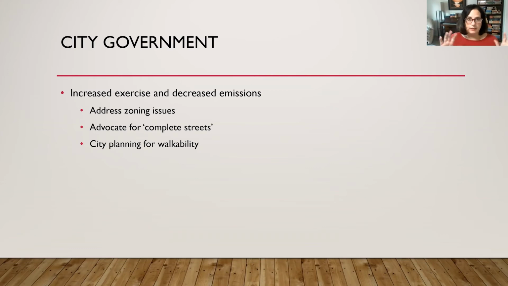Complete streets is a concept that allows cities to think about how they could have everything connected, either by public transport or walking or bikes, different ways where people could really transport themselves and get to where they need to be without actually having to use a car or an individual motorized transport. And same thing with city planning. If you think about our trails and sidewalks, there's a lot of public health components to what cities can do when you're talking locally.